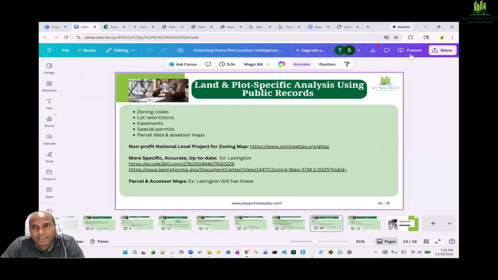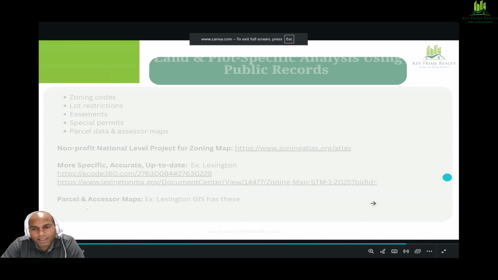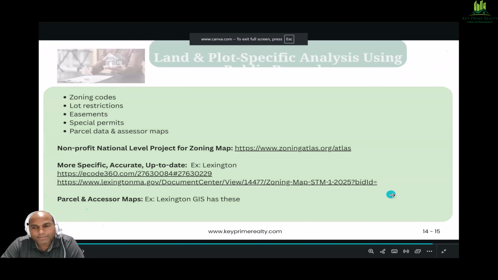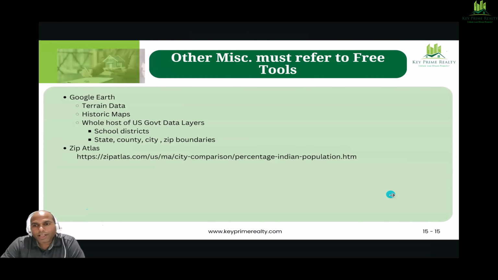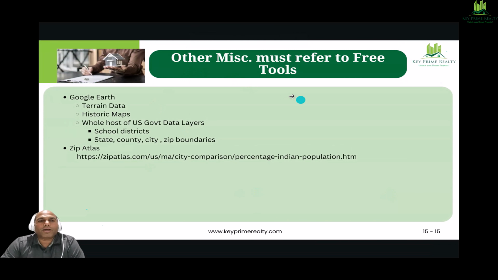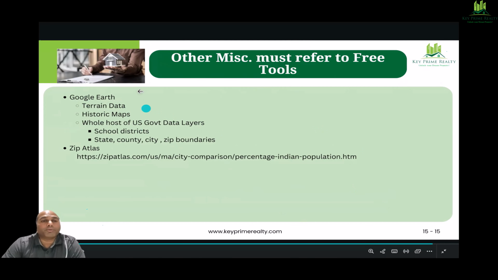Okay, so that's the zoning ordinance, and the last one is a couple of miscellaneous tools. Google Earth is an indispensable source for terrain data and historic maps. This is publicly available, and most of you might have been on Google Earth at one time or another. I could do a demo, but I think we're out of time. This is really quite useful.